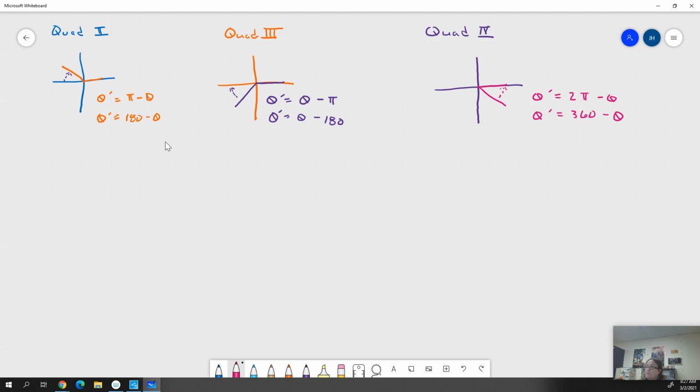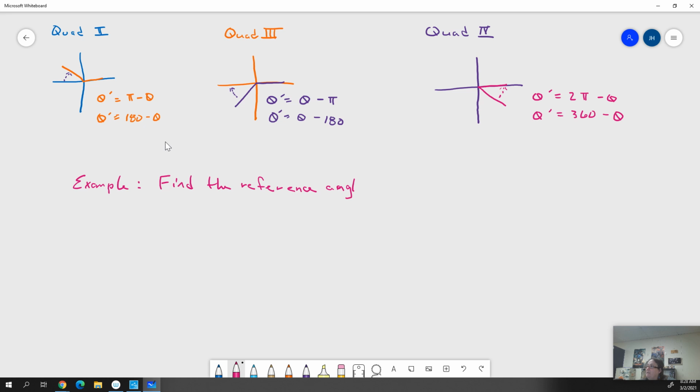So if we are asked to find the reference angles, it will give us something that we're supposed to find the reference angles of, right?